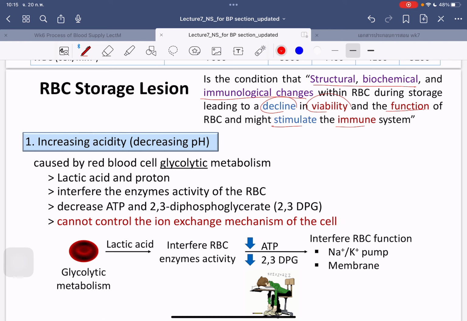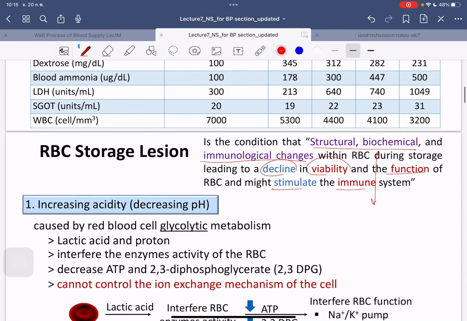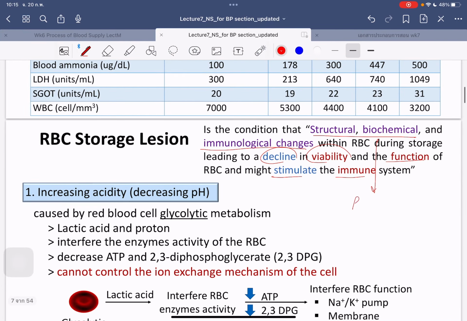From the previous table, it clearly shows that the biochemistry is changed, but we have to find a suitable method to keep the biochemistry still the same or close to the first day. And the last one, for the blood bank, it seems that it should not involve the immune system. Why is there still immunological change during blood storage? That we're going to learn today.